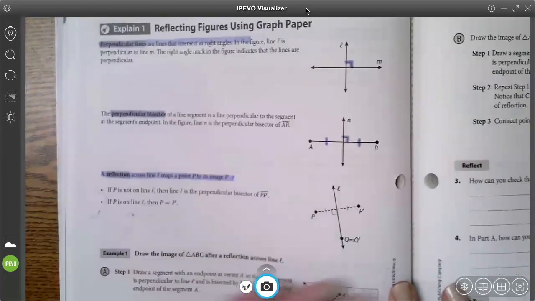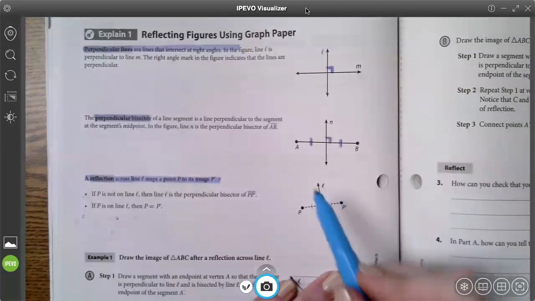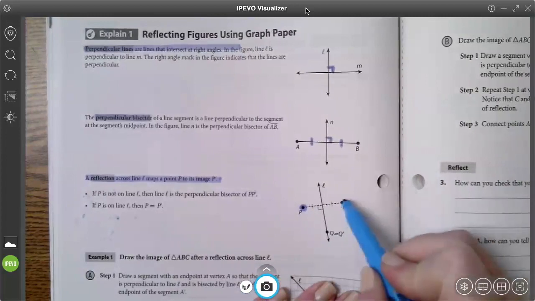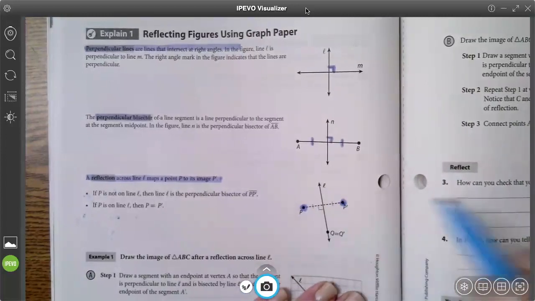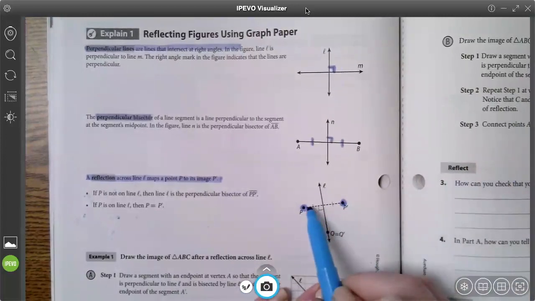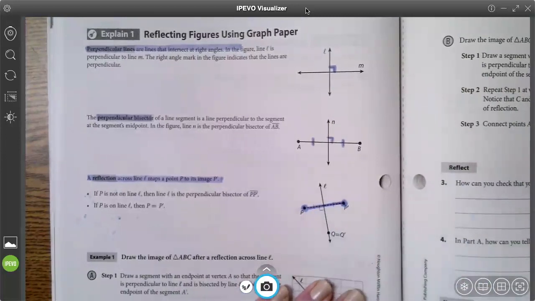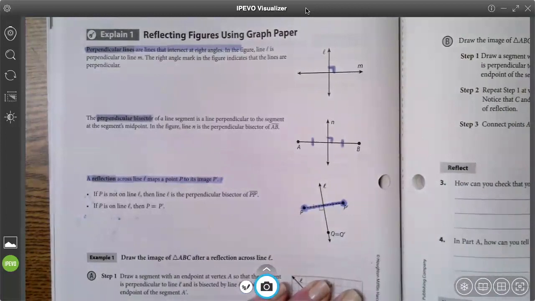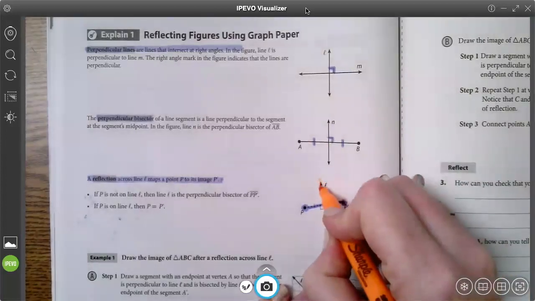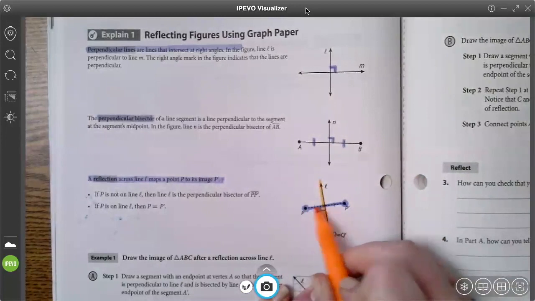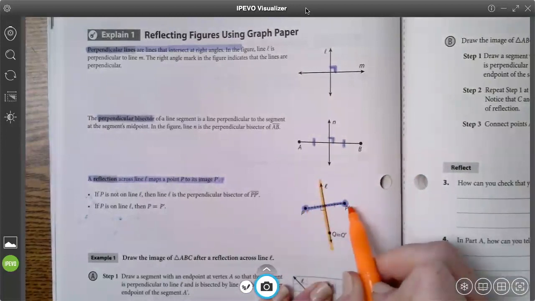So here we have this idea that the original, the pre-image, and the changed version, the image, are connected by this line that might or might not be drawn for us. And the line of reflection, such as line L, is the perpendicular bisector of the line that connects the point and its image.